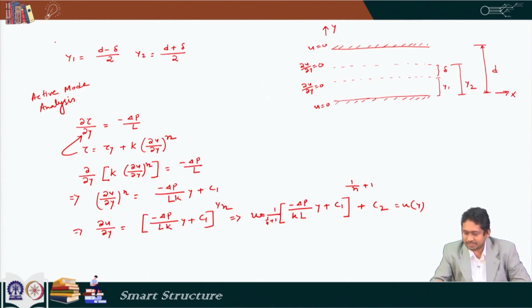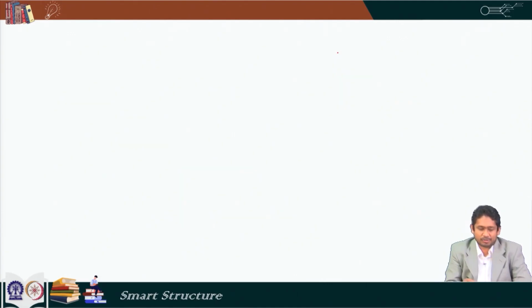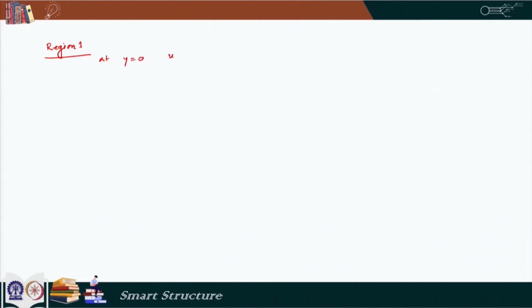So, we put the boundary condition. Okay, now, before that, if we call this region 1, this region 2, and this region 3, now we put the boundary condition. So, in region 1, our boundary conditions are that at y equal to 0, we have u equal to 0, or we can call it u 1 equal to 0.